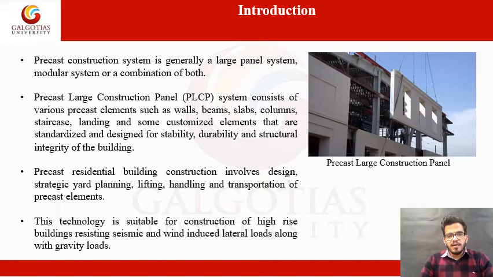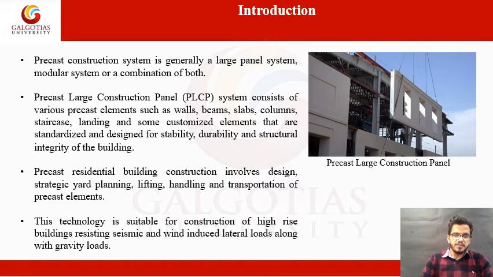A precast large construction panel, which is also called the PLCP system, consists of various precast elements such as walls, beams, slabs, columns, staircases, landings, and some customized elements that we standardize and design for stability, durability, and structural integrity of the building. Precast residential building construction involves design, strategic yard planning, lifting, handling, and transportation of precast elements.